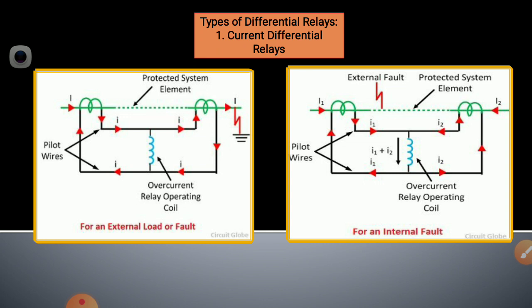So that means when the fault occurs, suppose on the right side, that is the outgoing side, then the CT secondary current will change, and as a result the difference of the two CT secondaries will flow in the relay operating coil, and the coil gets energized and it will send a signal to the circuit breaker for its operation. That means if the current flows to the fault from both sides, the sum of the CT secondary currents will flow through the differential relay.